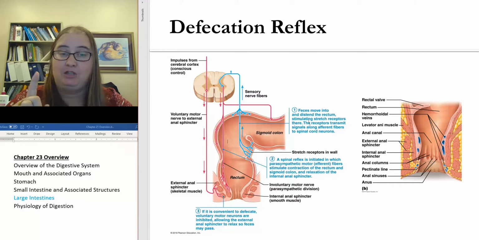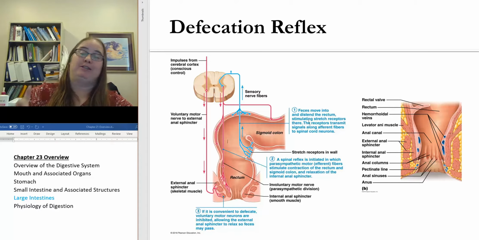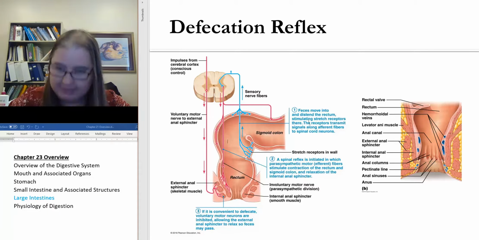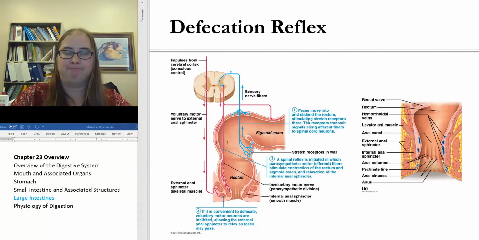I always tell students on this one, students have asked me before, why, when you have to go and you have that urge, the minute you sit down, you're just like, oh. Same thing with urination, which we'll talk about in the urinary system. What's happened in that case when you've waited too long to go to the bathroom is the muscles within the sigmoid colon and the rectum are contracting.